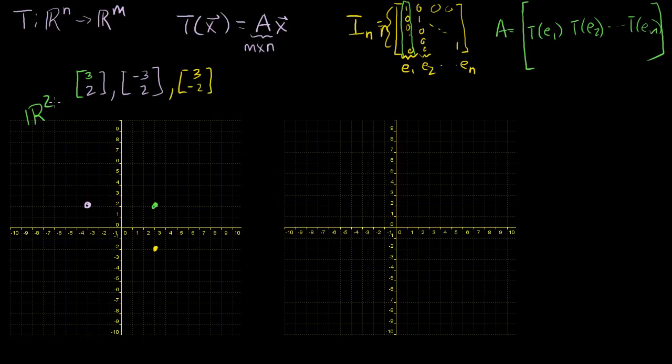Now, each of these are position vectors, and I can draw them. I could draw this 3, 2 in the standard position by drawing an arrow like that. I could do the minus 3, 2 in its standard position like that. And 3, minus 2 I could draw like that. But more than the actual position vectors, I'm more concerned with the positions that they specify.